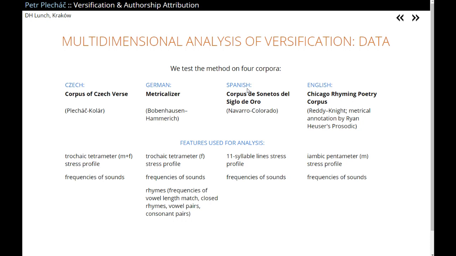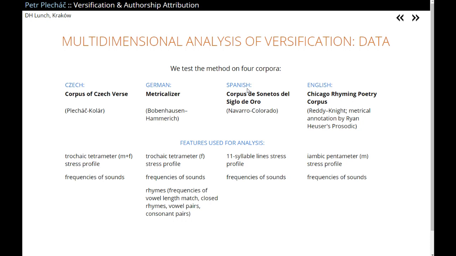And for this experiment, I have used 4 different corpora. First is being the corpus of Czech verse, which is built in our institute. Second is a German corpus called Metricalizer, which is being built in Freiburg by Clemens Bobenhaus and Benny Hammerich. Third, the Spanish one is corpus of the sonnets of the Spanish Golden Age, being built in Alicante.